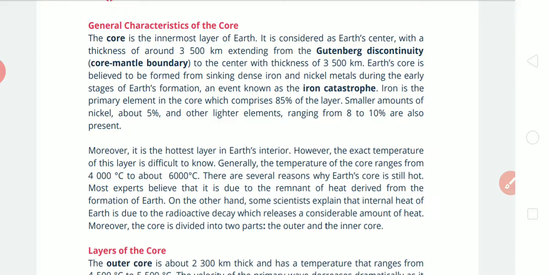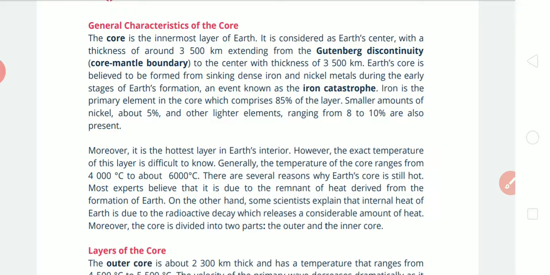Most experts believe that the reason for the tremendous heat present in the core of the Earth was mainly because of the remnant heat derived from the formation of the Earth. Before Earth was fully formed, at the beginning of the formation, that is the reason why the core is continuously hot up until this time.